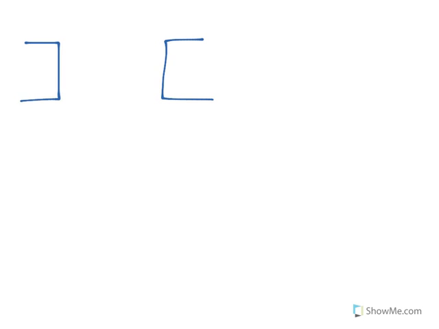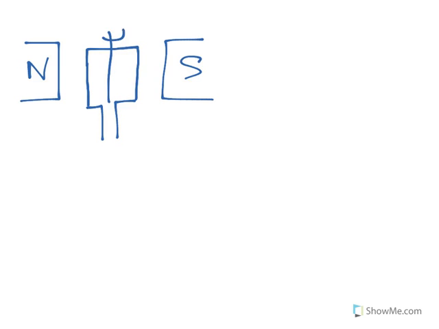So if there is a magnetic field and we have a coil placed in the magnetic field which is made to rotate along this axis, then the angle theta between B and A keeps changing as the coil rotates.